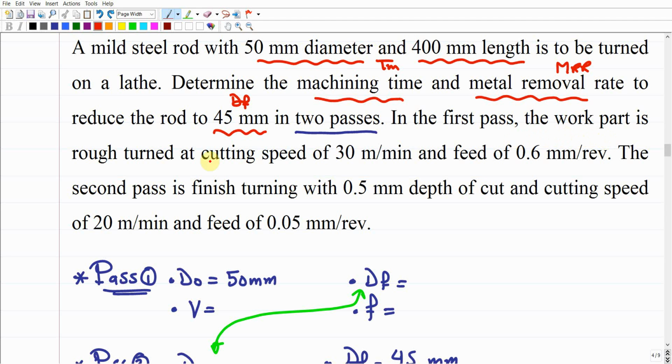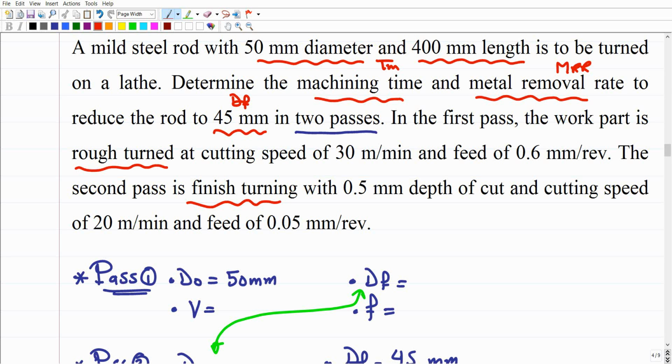The work part is rough turned, but in the second pass, it is finish turned. So what is the difference between rough turning and finish turning? Rough turning means that we are not interested in ending up with a good surface. We don't care about the surface of the work part as much as we care about finishing the turning operation.